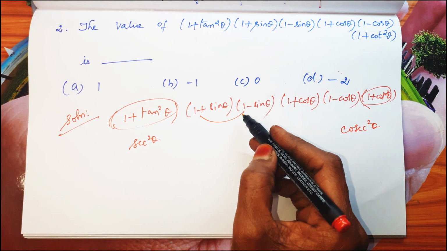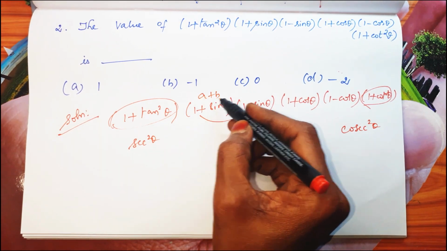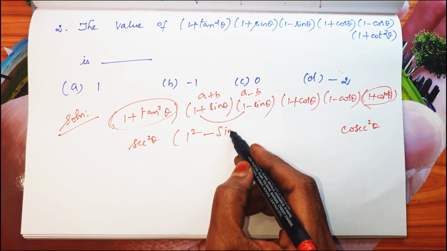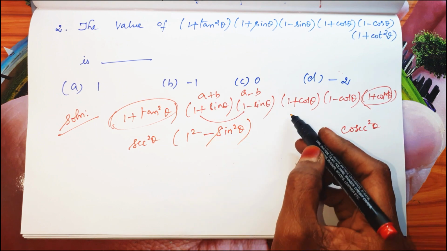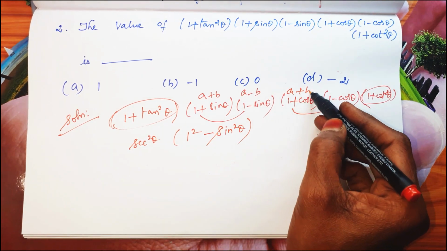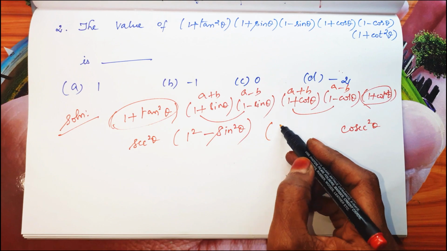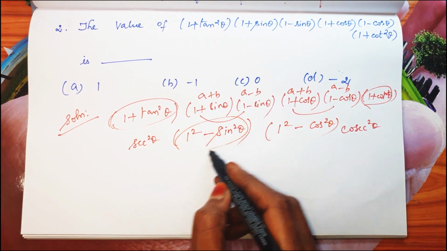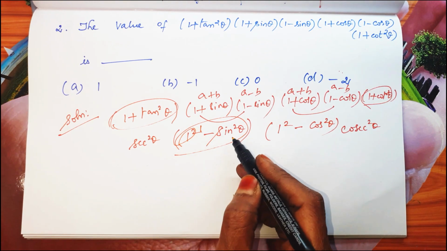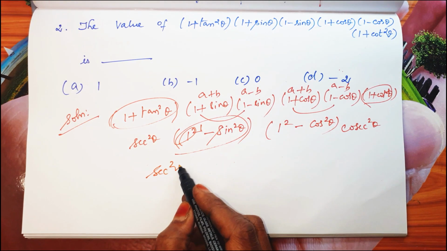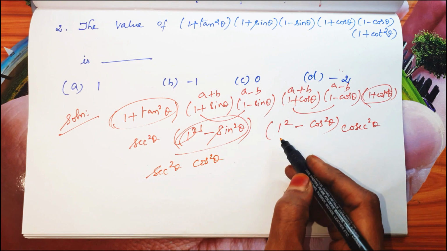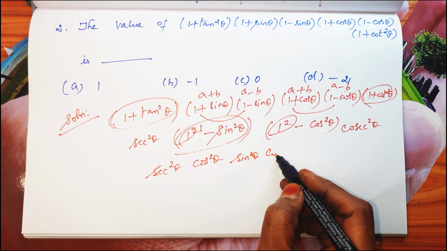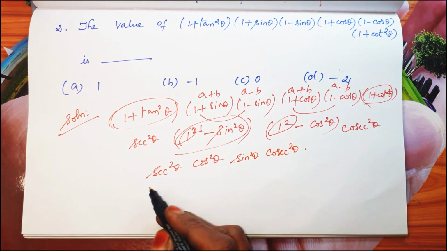We can combine this using the formula a plus b, a minus b. So it is a squared minus b squared. Similarly, this also combined as a plus b, a minus b. So it is a squared minus b squared. 1 minus 1 squared is 1. 1 minus sin squared is cos squared. 1 squared is 1. 1 minus cos squared is sin squared into cosecant square theta.